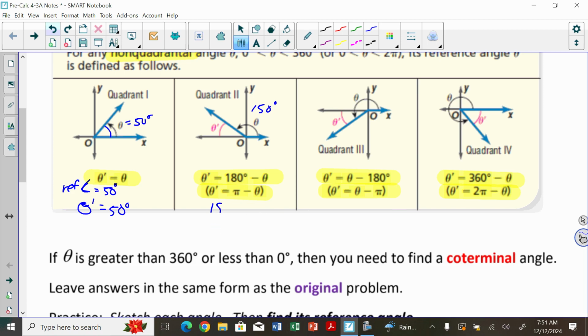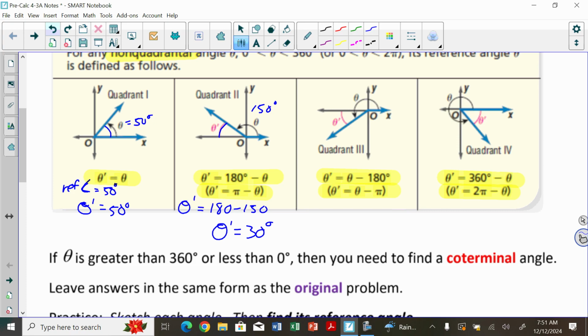So theta prime would equal 30 degrees, and that would be right here. Notice that there's no arrowhead with that. All right, next.